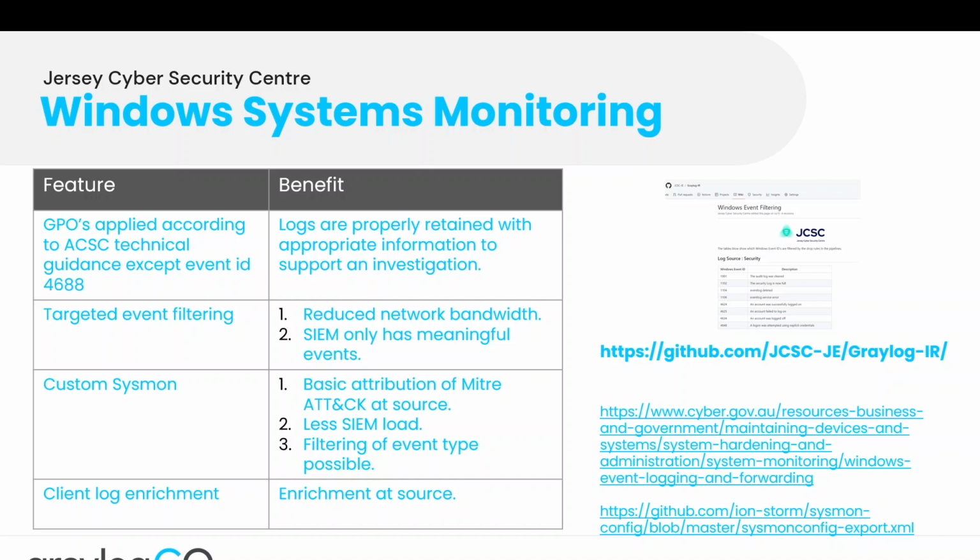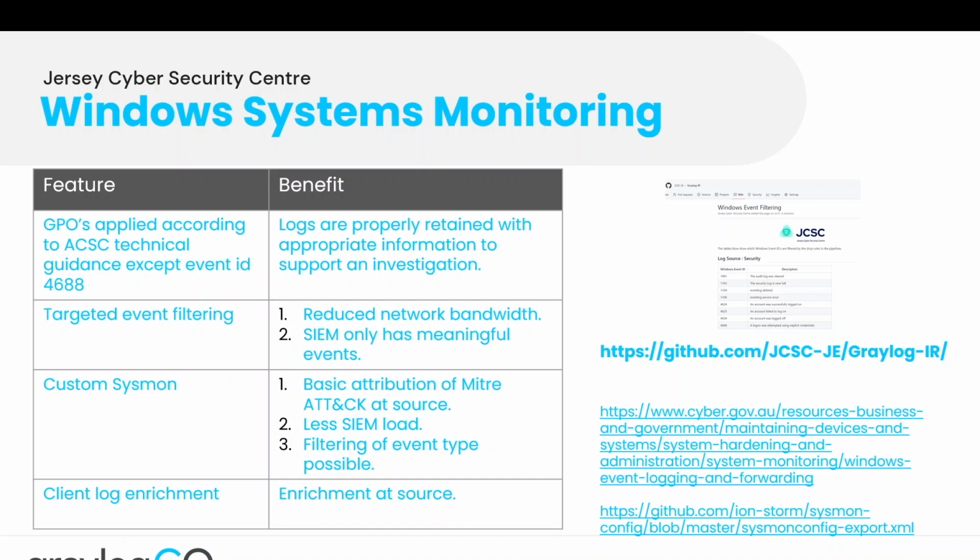But we don't take event ID 4688, process creation and termination. And the reason why we don't set that up is because there's no way to filter it when you set it up by GPOs. This means that your SIEM ends up being full of rubbish events which consume your storage, your bandwidth, your ability to search, and many other things.